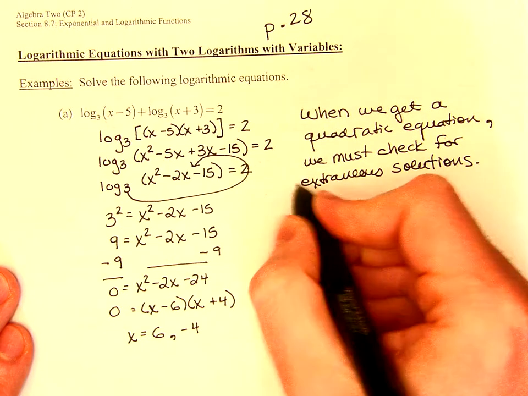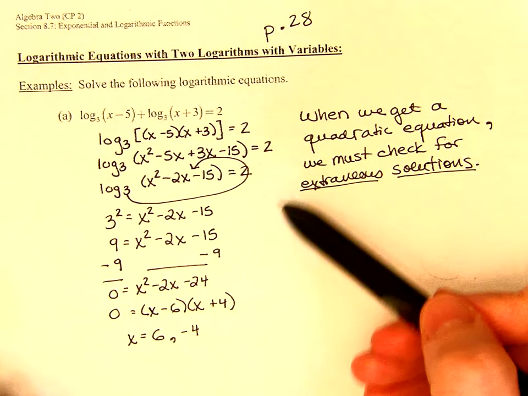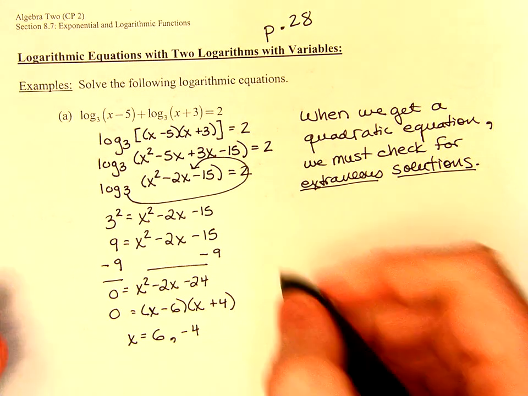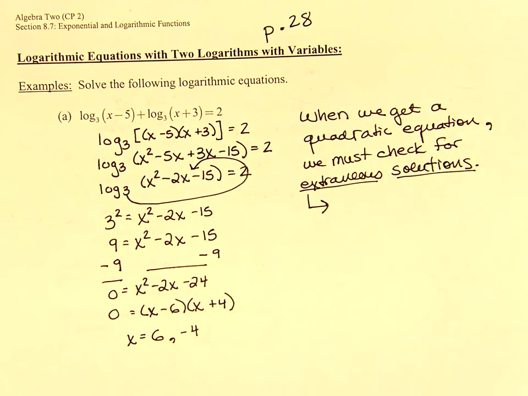And hopefully you remember that an extraneous solution is a solution that arises from our work, but if you go to actually plug it in, it doesn't actually work. When we saw these with our square roots, we had to plug into both sides to make sure both sides truly were equal. When we saw these with our rational equations, we just had to make sure that our answer didn't make any denominators equal 0.